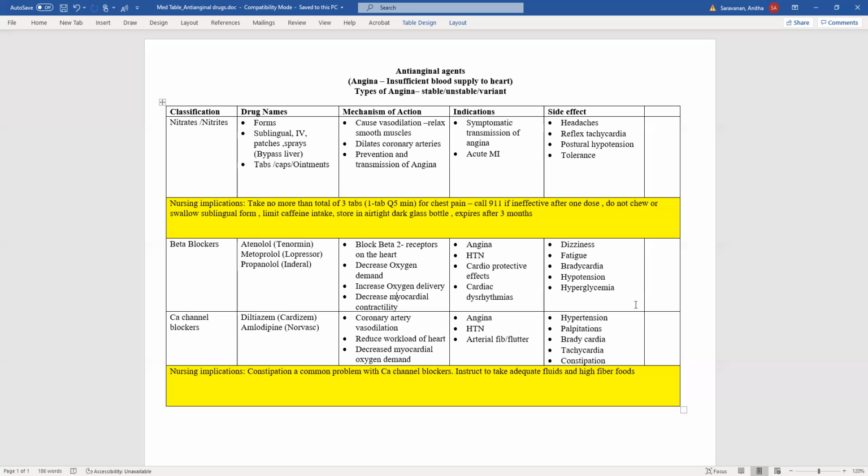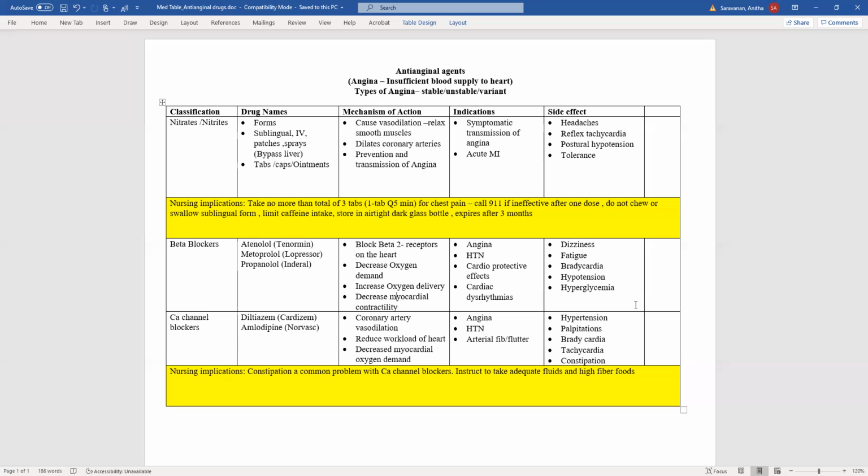So the smooth muscles are present in our skeletal system, in the stomach, and also in the GI, and also in our heart. So if you think of calcium and we give calcium, there's a possibility that the contraction can be faster. So when you block calcium, there's slower contraction of these smooth muscles, and they can cause vasodilation, right?